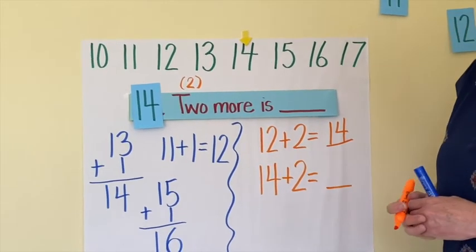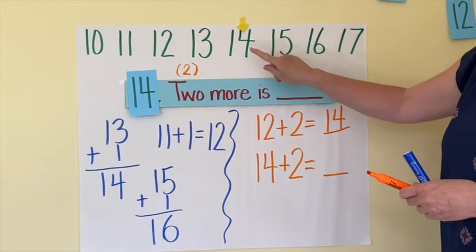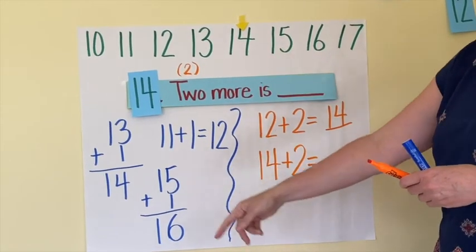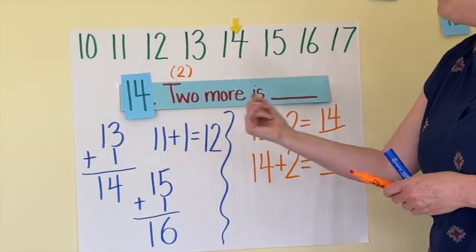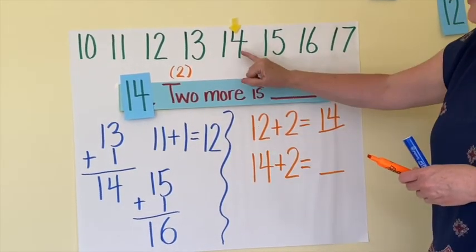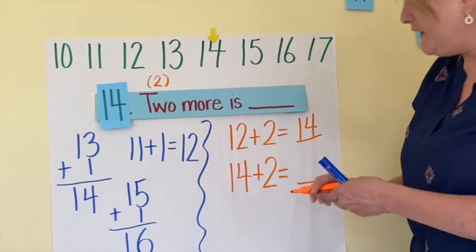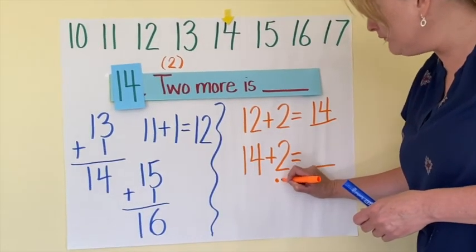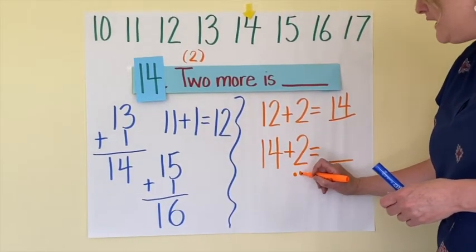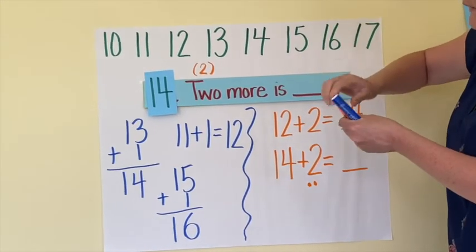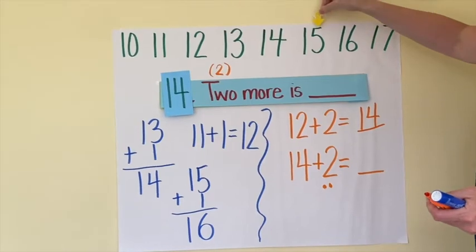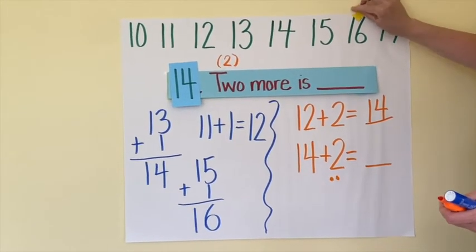All right, you think about that for a moment. So let's think. 14, you could count on with your fingers and go, hold 14, 15, 16. That would be a strategy. Or you could put 2 dots down here and go 15, 16. Or we can use that number line. There's different ways to solve math problems. Add 1, add 2, 16.